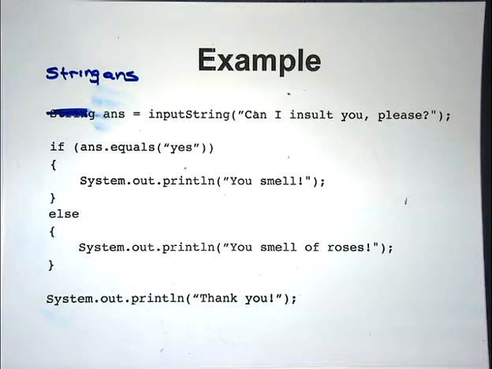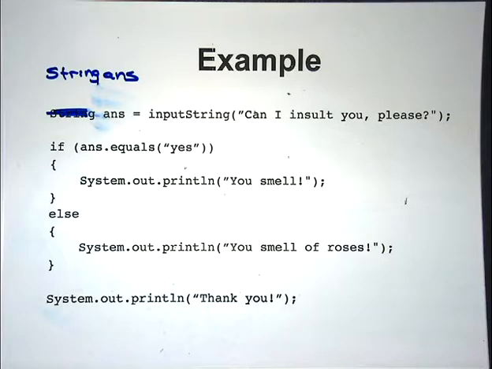Okay, so here's now the next instruction, which is input string. So what he will get done is print up on the board, we won't bother doing this, you can imagine this, but up on the board, on the screen, you get to be printed. Can I insult you, please?